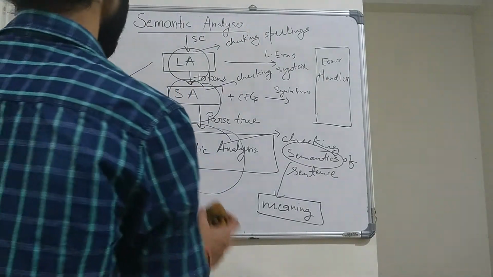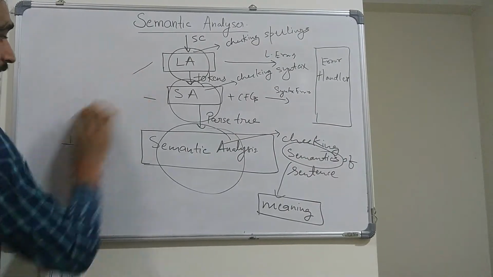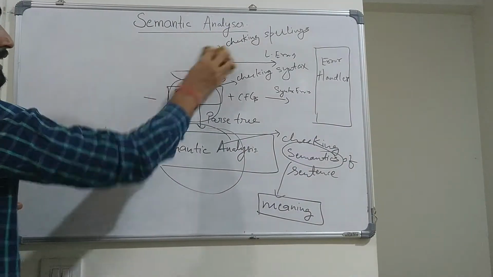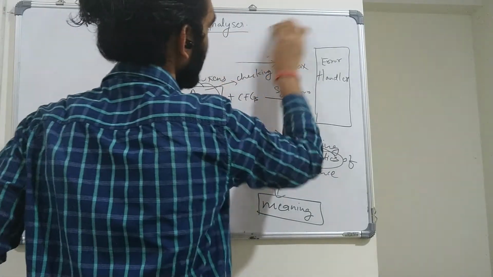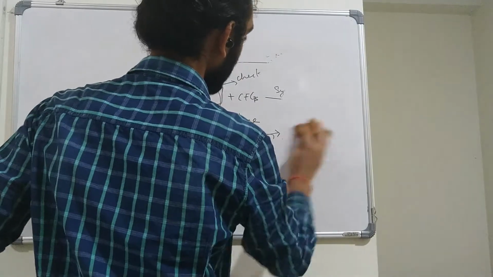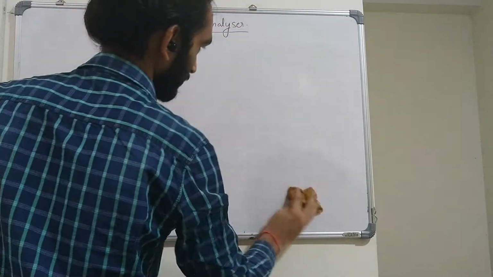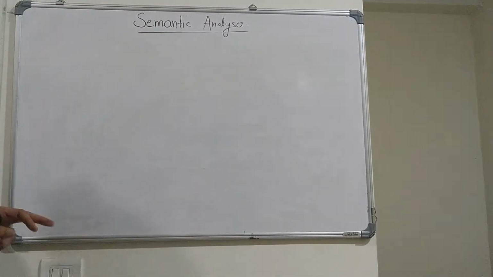Right? So before going further, let's try to understand what kind of errors a programming language is going to generate if semantics is violated, or semantics is not proper in the programming language. Right? So let's see an example.